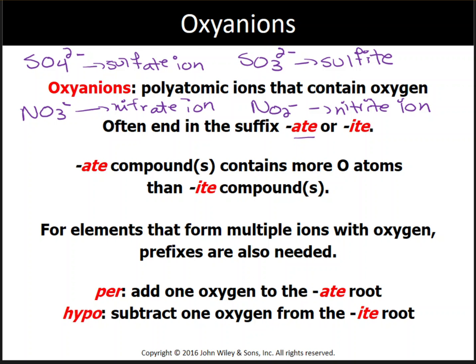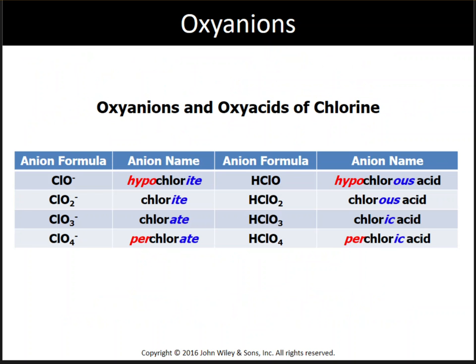Now, for some polyatomic ions or oxyanions, their naming is a little bit different depending on how many oxygens we have. We're going to use the prefixes "per" and "hypo" for naming these compounds. Not all the polyatomic ions will form anions that contain per and hypo, but chlorine is one of those that does.